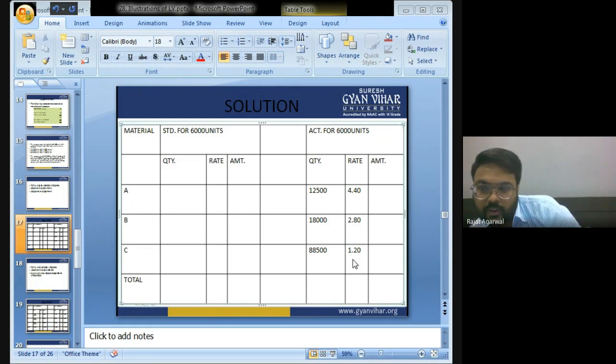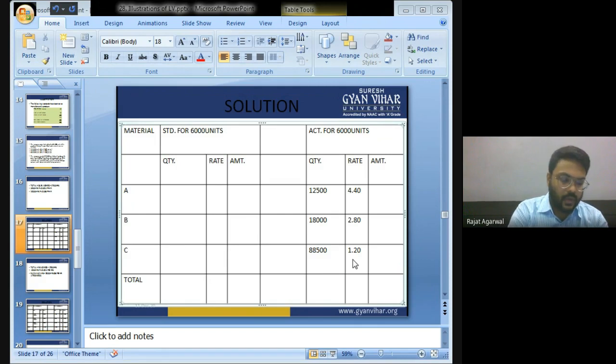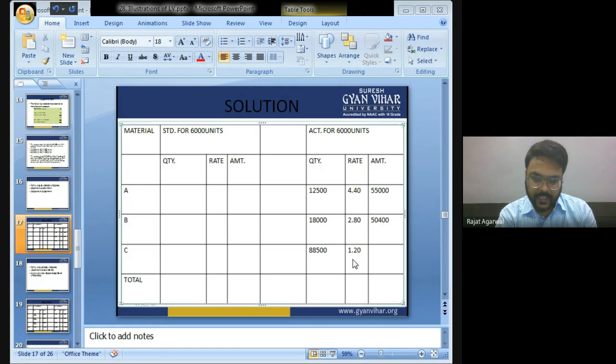Now let us do the total calculation part. 12,500 into 4.40, 55,000. 18,000 into 2.80, 50,400. 88,500 into 1.20, 1 lakh 6,200.